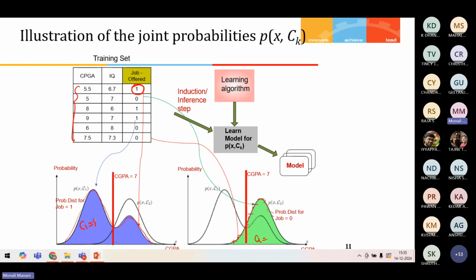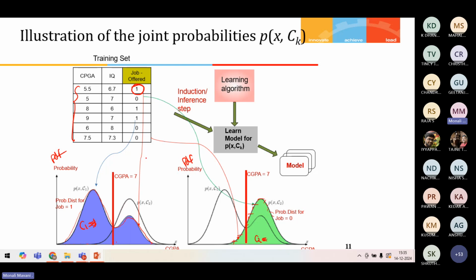This is the C1 curve, and this is the C2 curve, the green one. And this is the understanding of the probability curve. You can say rather than height on the x-axis, I have written CGPA, and on the y-axis, it's a PDF. So CGPA is another random variable, height is another random variable.